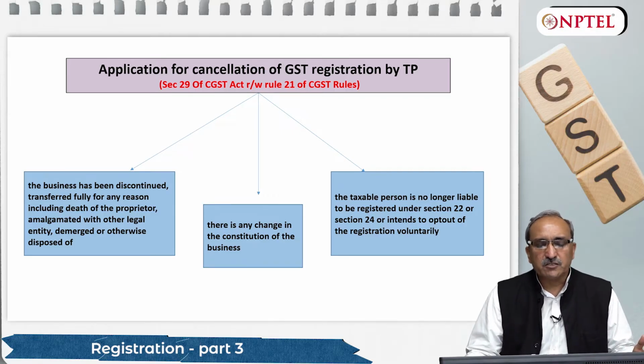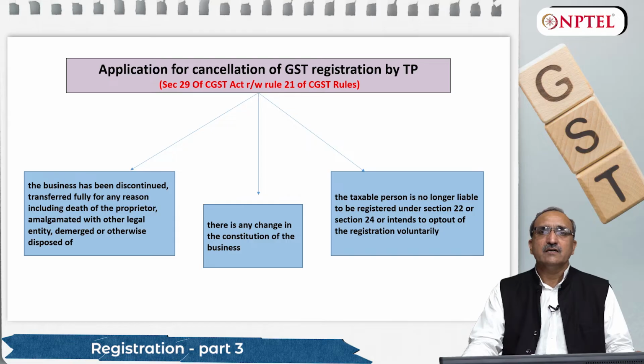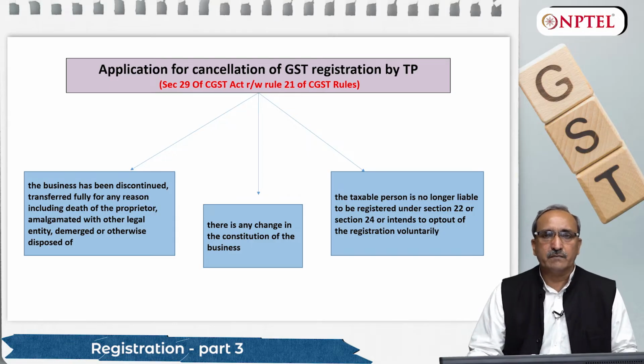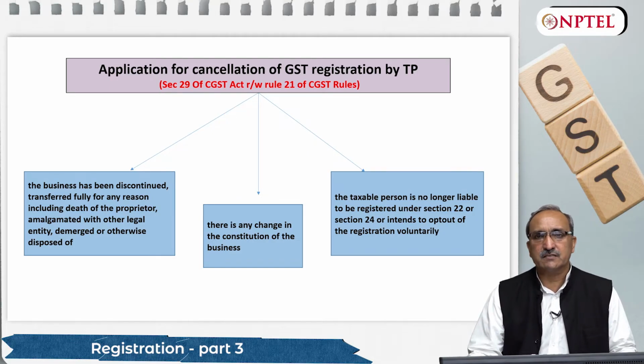So business has been discontinued, as I told you, or transferred to some other person, or maybe, if it is a proprietorship firm, because of the death of the proprietor, or your business or the company has amalgamated with some other company, or merger or demerger of companies. Any reason can be there, and out of that one new entity has emerged. So your original entity, original GST number will be cancelled.